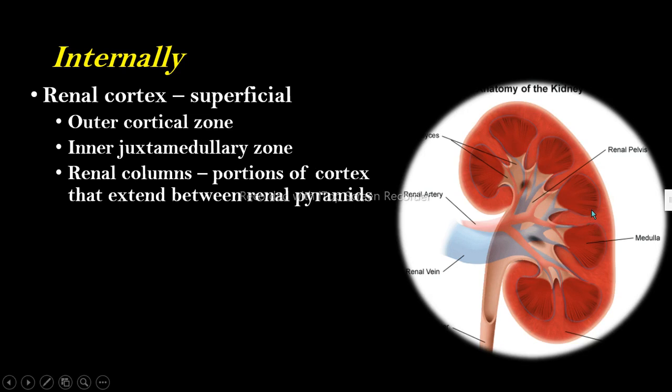Now these renal pyramids have our nephrons, which are the functional unit for excretion. So you have numerous nephrons within these pyramids. And between the pyramids, you can see another layer of the outer cortex, which is continuous between the two pyramids.